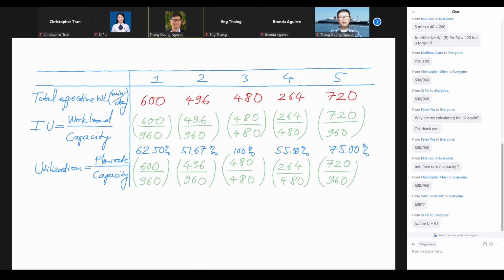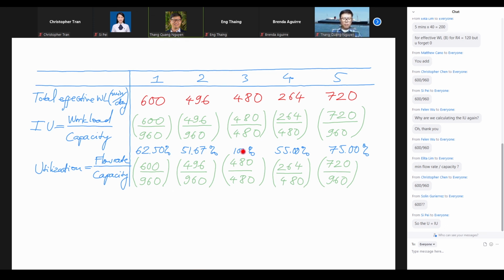Is that a coincidence that U equals IU in this case? The answer is no. It's not a coincidence, because earlier we verified that. That's why we have to do that verification. We verify that demand is either smaller than or equal to the capacity, right? Whenever demand is smaller than or equal to the capacity, then U and IU are equal in value.